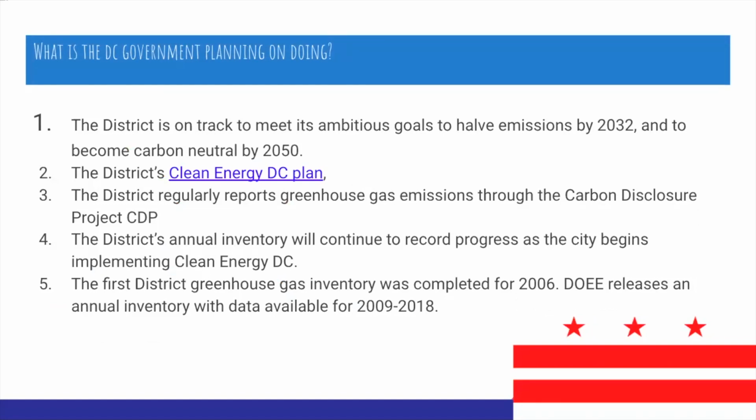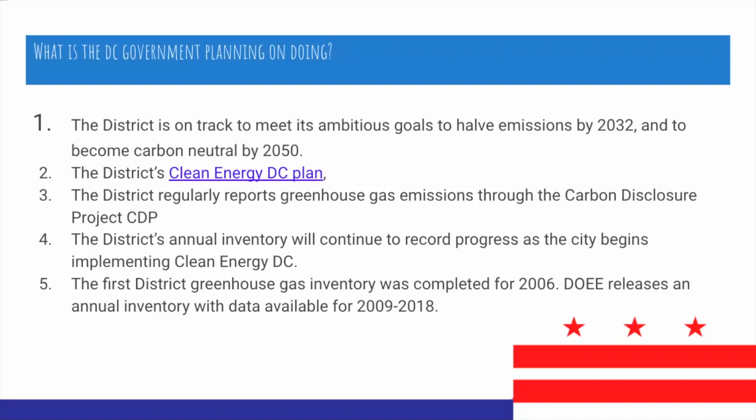The District of Columbia has stated that they are committed to reducing greenhouse gas emissions by 50% below the 2006 levels by the year 2032 and 80% by 2050. They have done this through multiple legislations and multiple statements. Meeting these goals will require improving the energy efficiency of district homes and buildings, switching to clean renewable energy, and expanding sustainable transportation options.